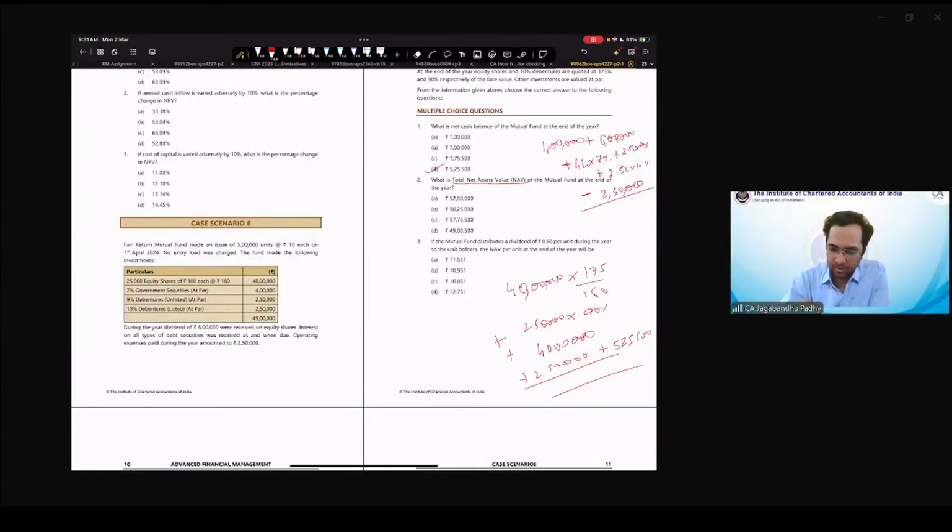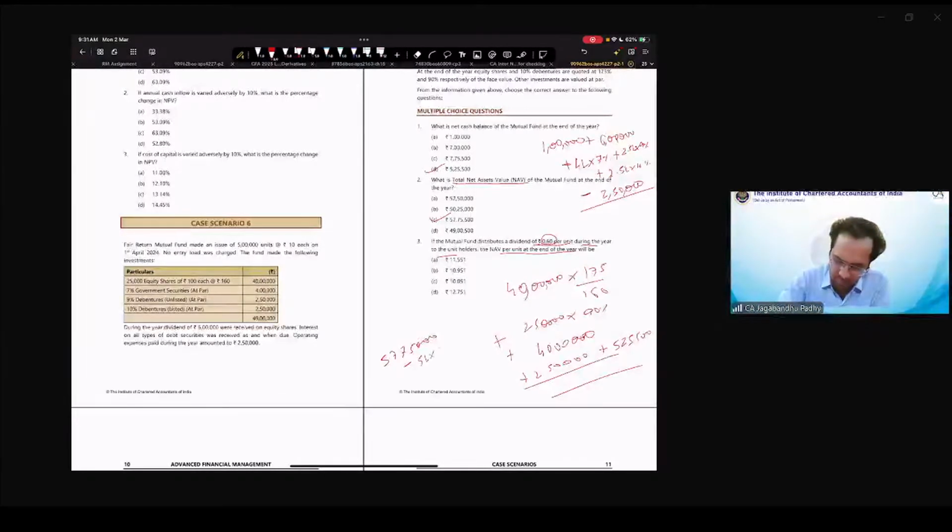57,75,500. If the mutual fund distributes a dividend of 0.6 during the year to the unit holders, you need to subtract that, and then the revised cash balance will come. Out of that, you divide it by the 5 lakh units, and that gives you the NAV of the mutual fund.